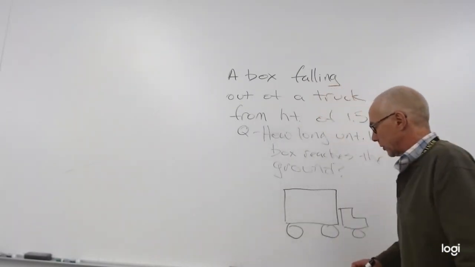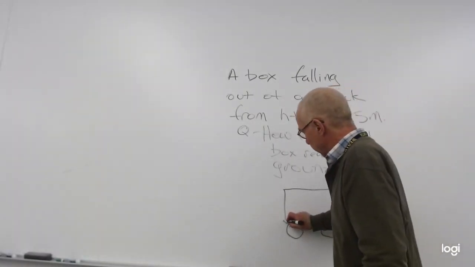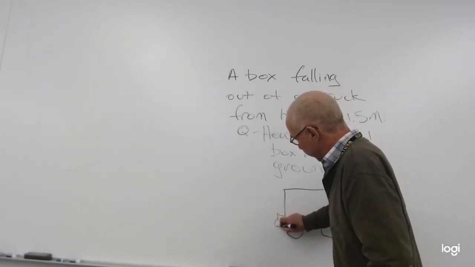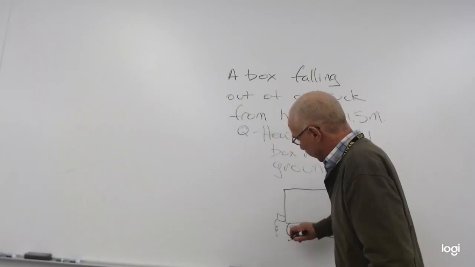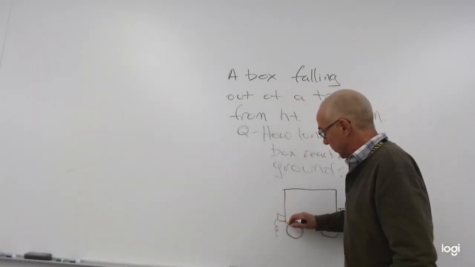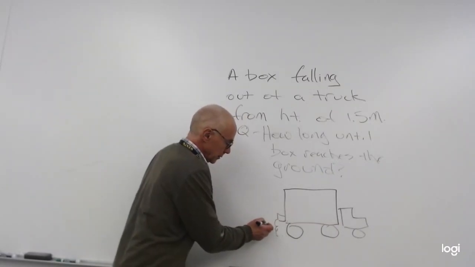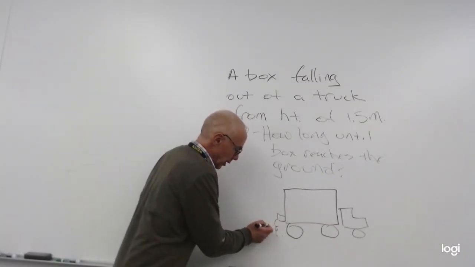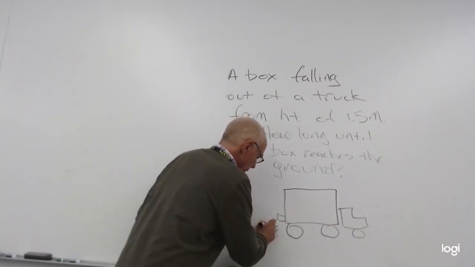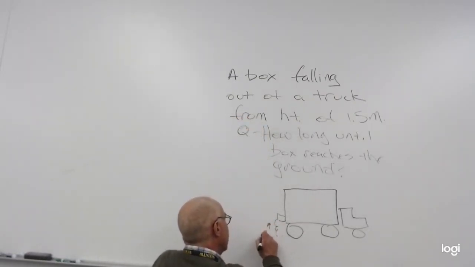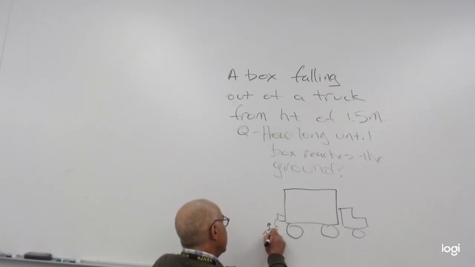Okay, here's our truck, and here's the box. It's beginning to fall to the ground, and we know that the distance from this point down to the ground is 1.5 meters. Always show the dimensions and use an arrow, like you're doing an actual design. 1.5 meters.